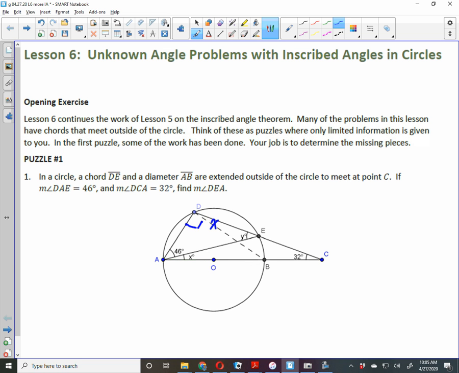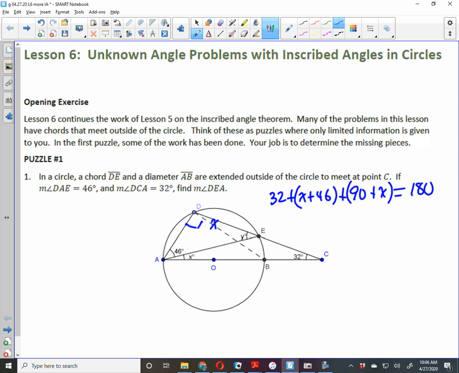I now have all the measures of that large triangle in place. I know that starting at 32 plus X plus 46, right? That's another angle, plus 90 plus X, that's the third angle right there. All that's going to equal 180.